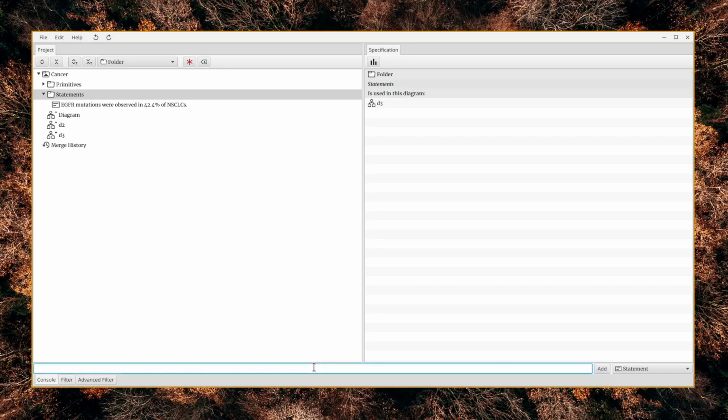And the second part could be: ALK translocations were observed in 6% of non-small cell lung cancers.